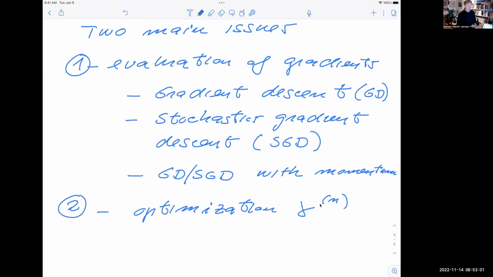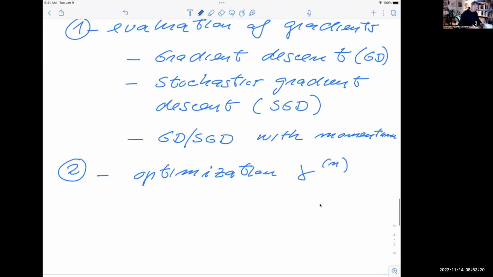And these are friends who will cite you, because this is really one of the bottlenecks of the machine learning approaches. And as I mentioned last time, there is an algorithm called ADAM, which was presented in 2014, which has more than 120,000 citations. So the optimization of gamma.